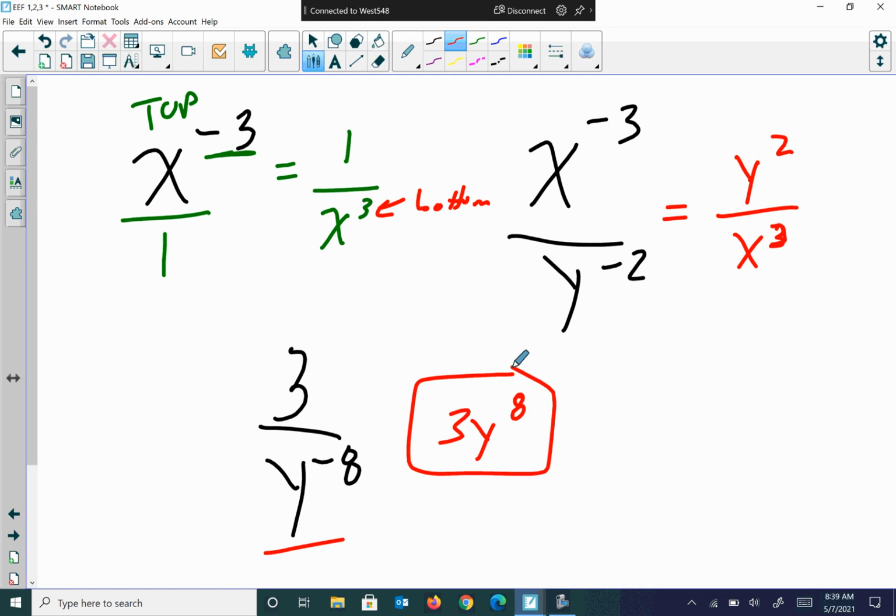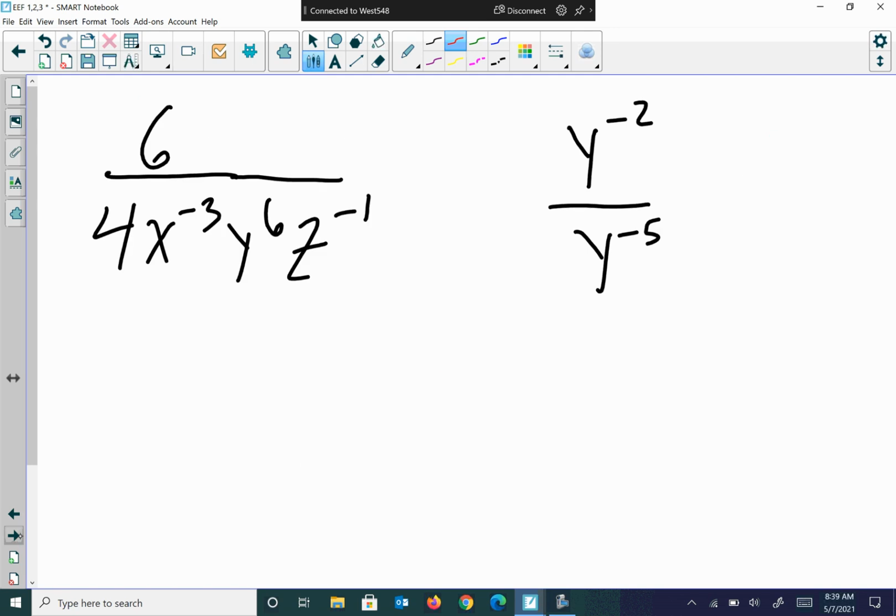Is the 3 raised to an exponent? It's content where it's at. All right, so let's look at this one. 6 over 4. What does 6 over 4 reduce to? 3 over 2. We good so far? I have x to the negative third downstairs.